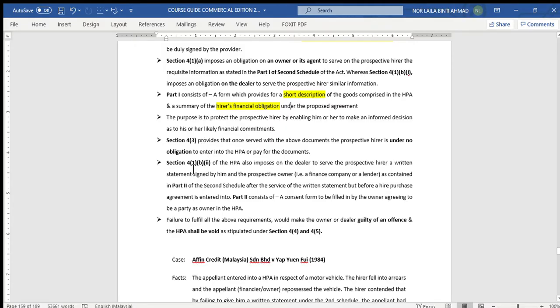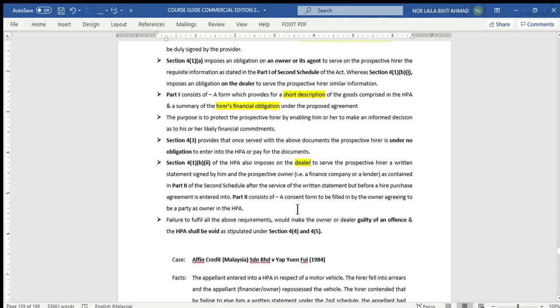Next, under Section 4, Subsection 1B(2) of the Hire Purchase Act, the dealer is also required to serve the prospective hirer a written statement signed by him and the prospective owner. Who will serve this form? The dealer, and this is known as the consent form. The consent form is stated in Part 2 to be filled in by the owner agreeing to be party as owner in the HPA.